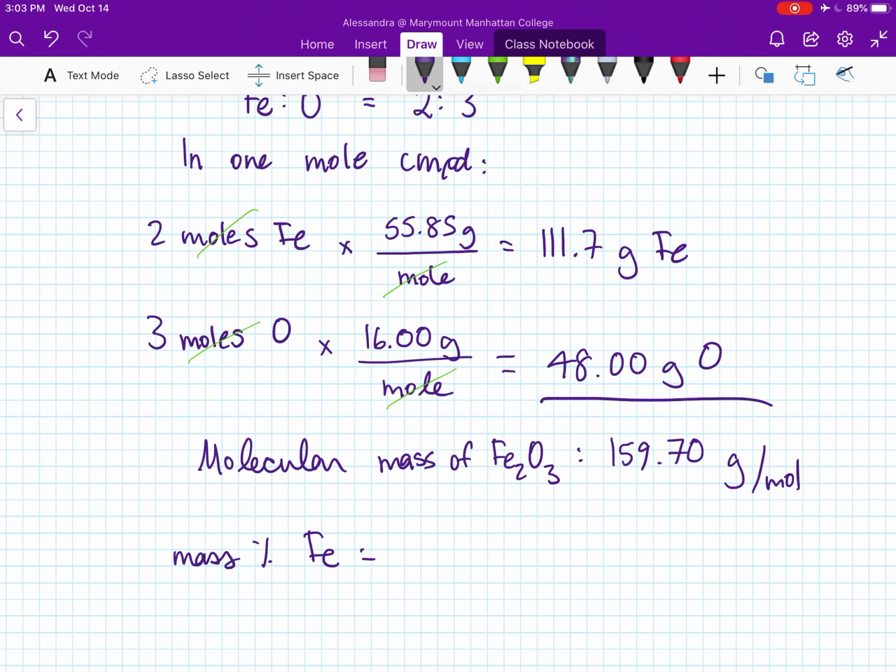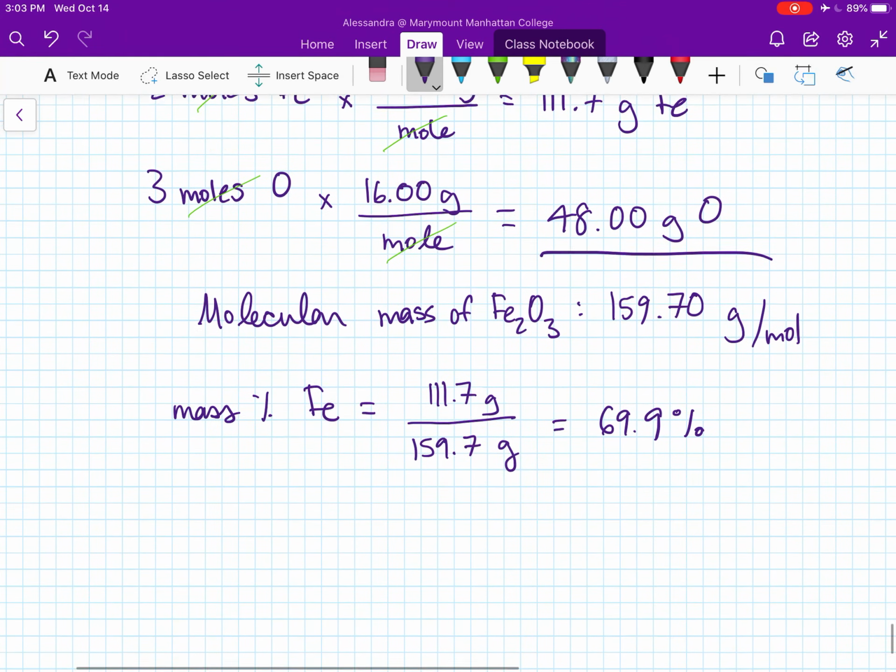Now it's very simple to figure out the mass percent of each element. The mass percent of iron is going to be 111.7 grams divided by the total, 159.7 grams. And that is going to give me a value of about 70, or 69.9%.